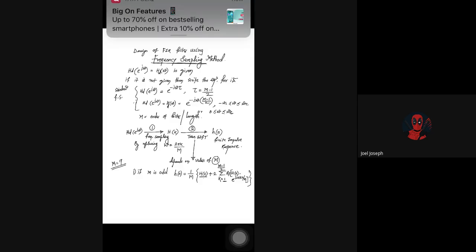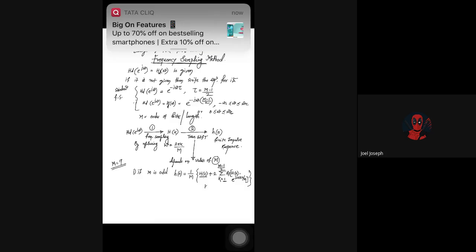And here this small n is equal to 0, 1 up to m minus 1. Don't forget this 2 and this real part. These are very important. Clear?